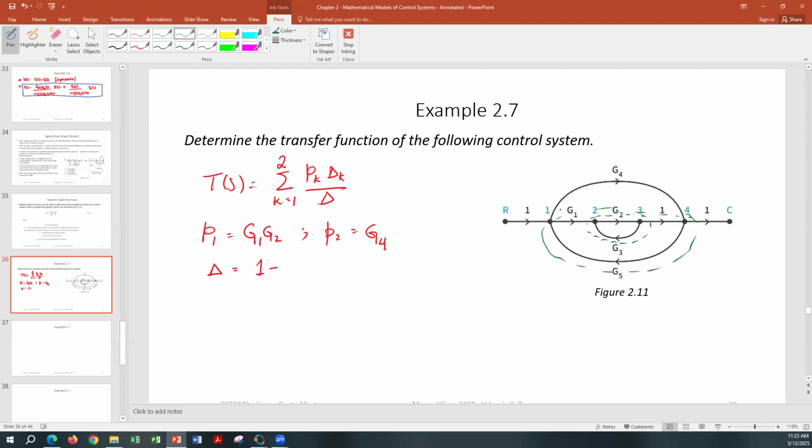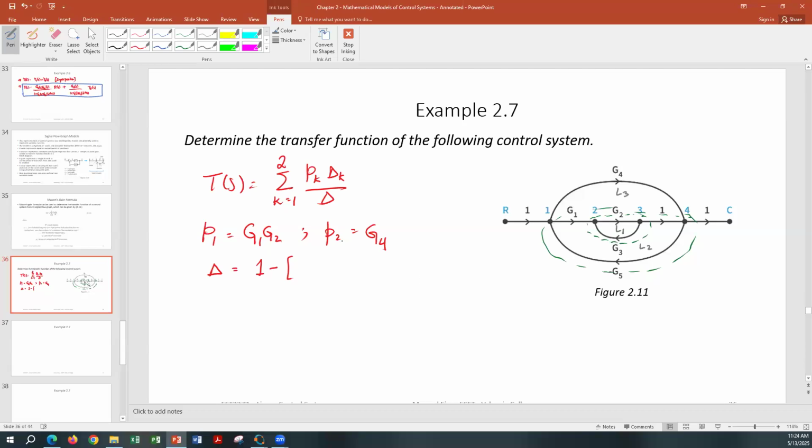A loop, of course, is a closed path that starts at the same node and ends at the same node. That's a loop. So you have an inner loop, an outer loop, and then the loop around G4 and G5. Let's call this loop 1, this loop 2, and this loop 3.